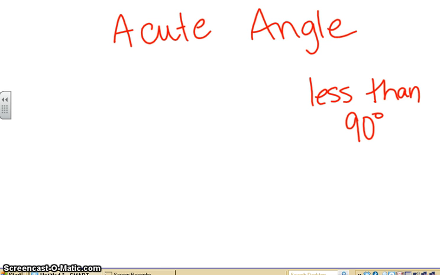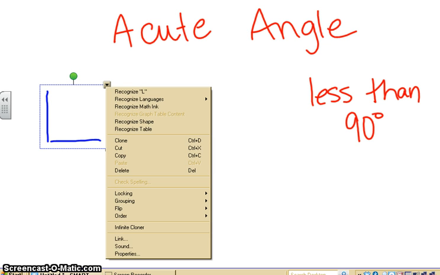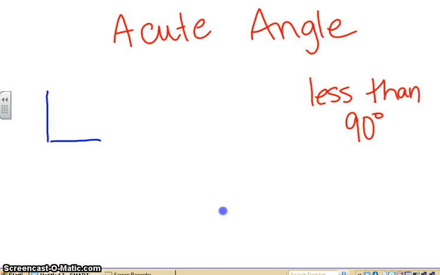So the way I remember an acute angle is I think of my right angle. Okay, I have my right angle right here. Let me break them apart for you. Now that's the perfect angle. An acute angle is less than 90 degrees. So an acute angle would look like that.